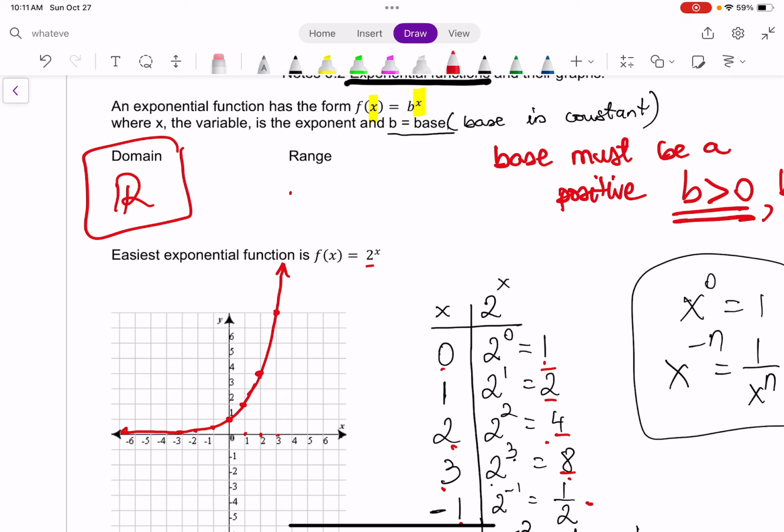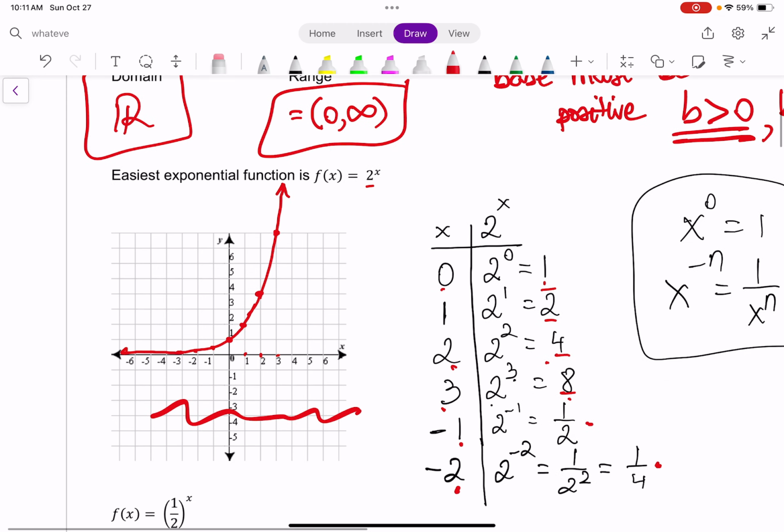However, the range is going to be values that are strictly positive. So as you see, the graph is all above the x-axis. There are no negative answers at all. There are also no 0 answers. So this graph is going to get closer and closer to the x-axis, but it won't touch it. So these values that we get for y are never going to be 0 or negative.